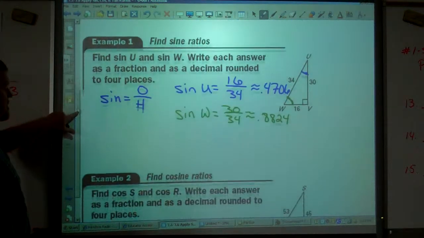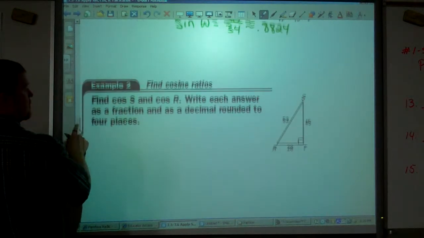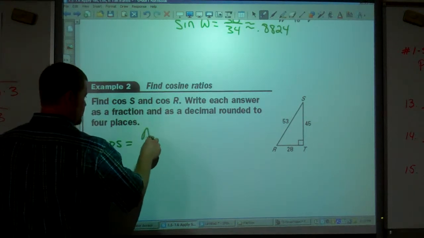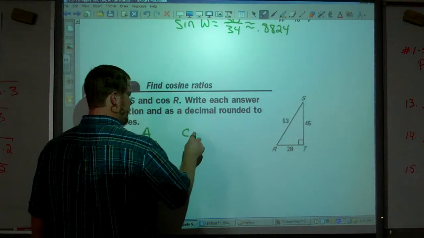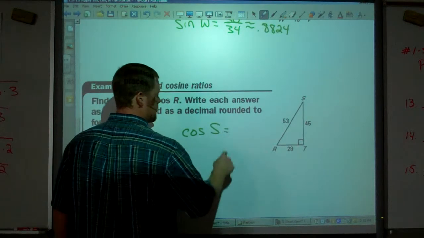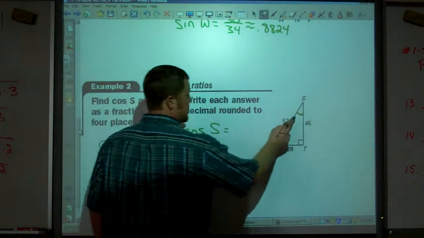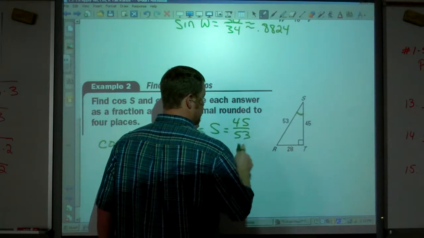Okay, now cosine. And again, cosine is adjacent over hypotenuse. So like the cosine of angle S: it's adjacent over the hypotenuse. Side adjacent is 45, hypotenuse is 53.